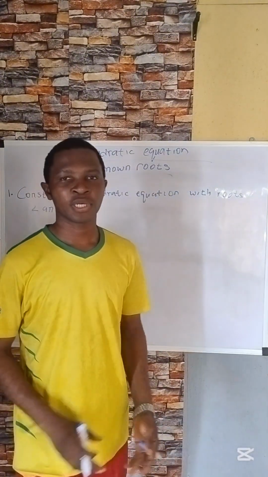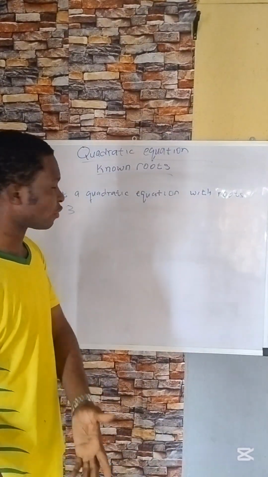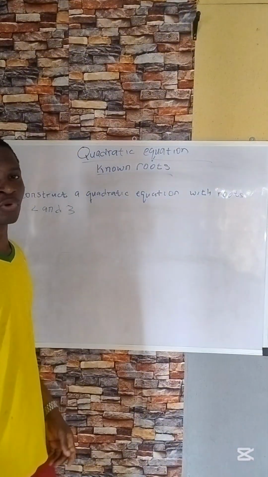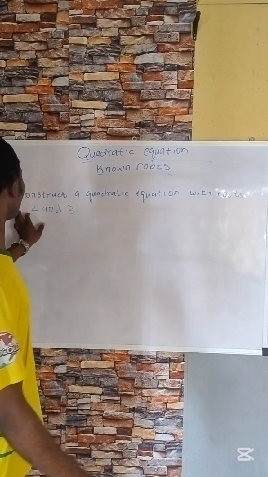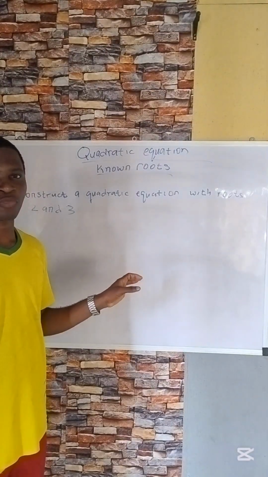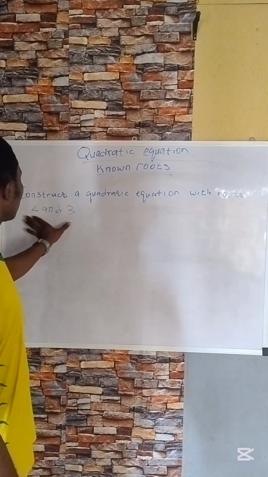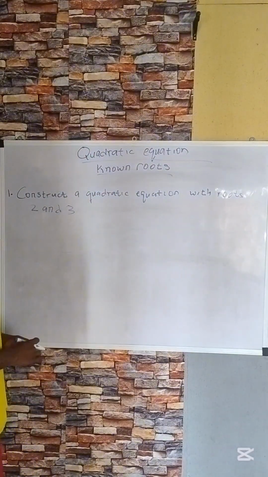A question like this means that a quadratic equation has already been solved and has the roots 2 and 3. You are asked to construct the quadratic equation given only the roots. You do not know the equation, and you are asked to construct it using the roots.